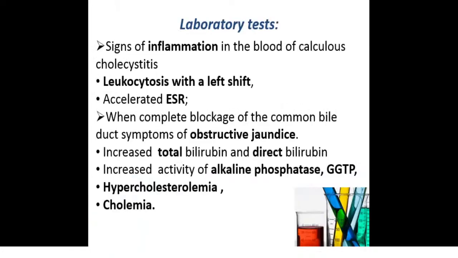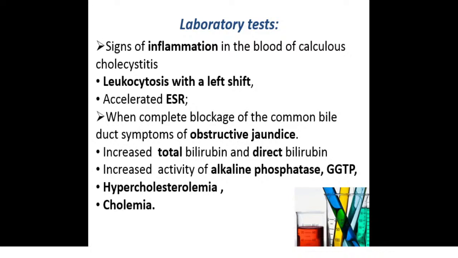Laboratory tests. If we do a blood examination, we can also see increased leukocytes with a shift to the left, and increased ESR. If we do a biochemical examination, we can determine obstructive jaundice.